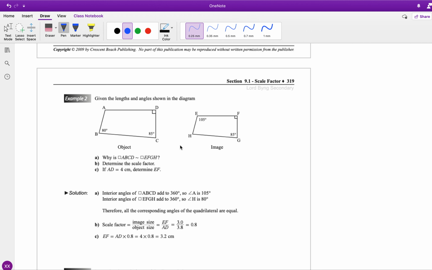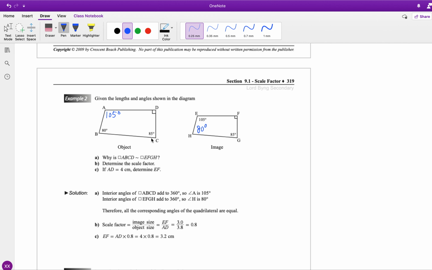In this case, this angle equals this angle, and this angle equals that one. So this angle has to equal this angle. This angle is 80 degrees, right? Now this angle and this angle have to be equal, so that is 105 degrees.